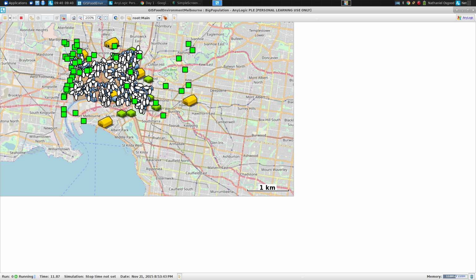The locations of each of those are based, in fact, on empirical data for the city of Melbourne. And if you were to slow this down and look, people are moving along routes, streets or bike paths, depending on the settings for the model, which allow them to travel from one of these locations to the other, to engage in food-seeking behavior.